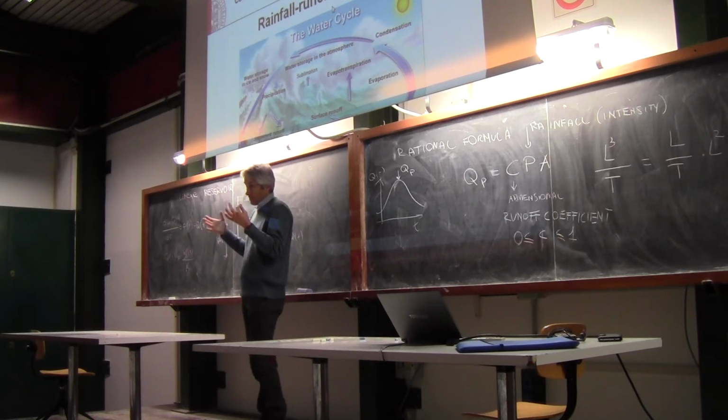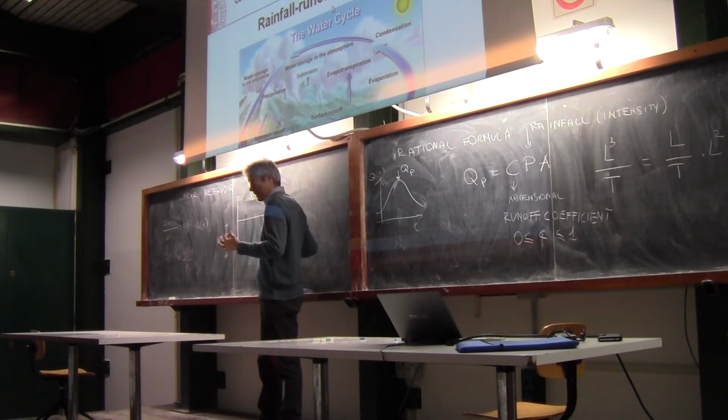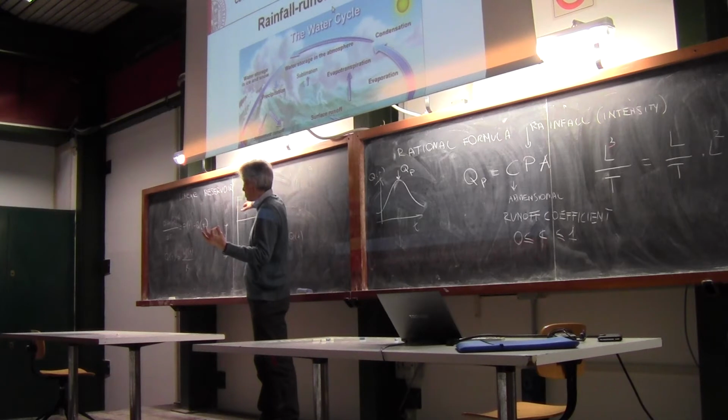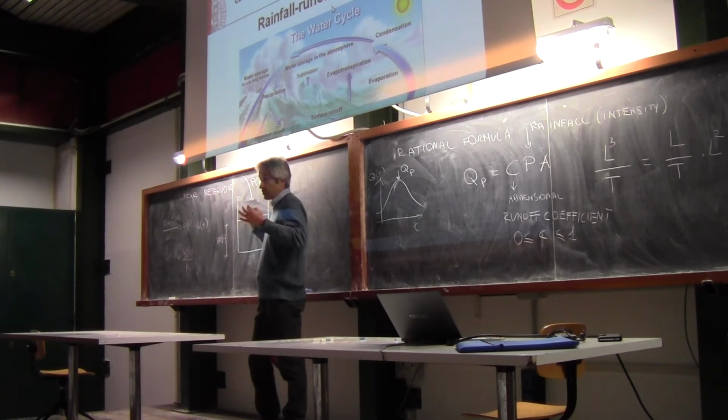And what is the reason why you have more outflow in this bucket if you increase the water content? Because you have more pressure on the bottom and therefore more water that comes out. Why do you have more pressure? Because there is more potential energy that is converted into kinetic energy in the form of flow. So basically it's a conservation of energy.